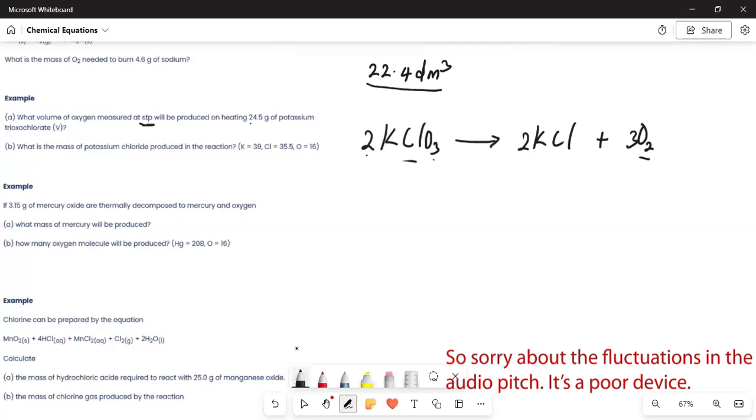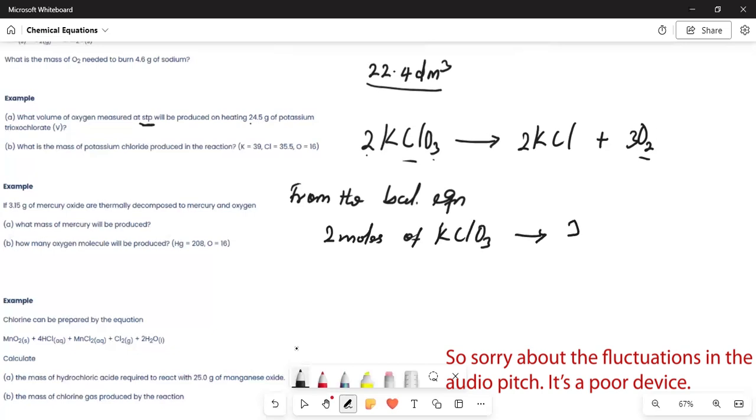Now from this balanced equation, you can see that 2 moles of potassium trioxochlorate(V) gives 3 moles of oxygen. 2 moles of KClO3, 3 moles of oxygen. That means 2 moles of this potassium chlorate is giving us 3 times 22.4 dm³ of oxygen.